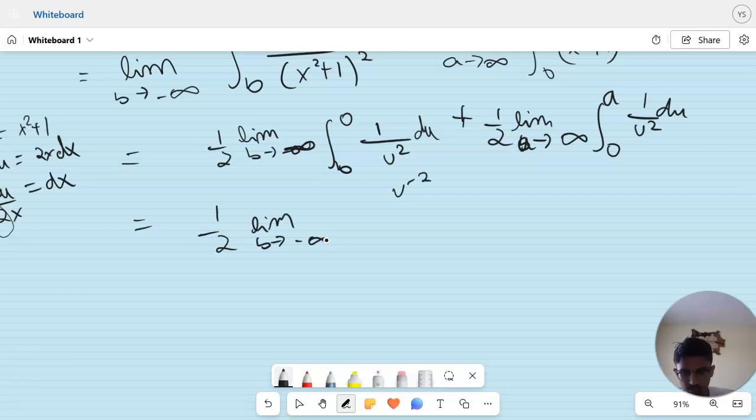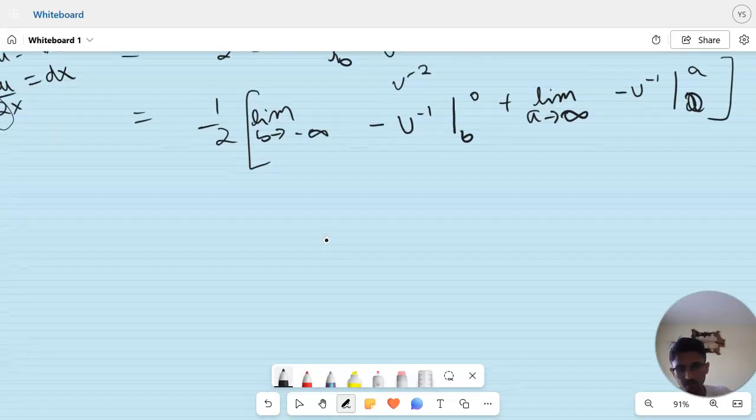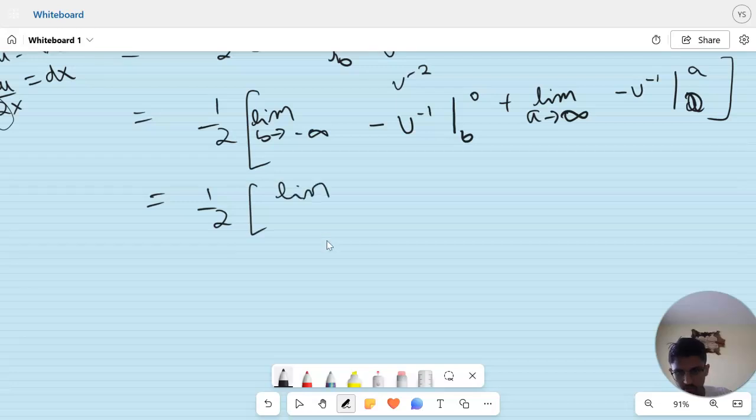Taking the integral of that is going to be negative u to the negative first from b to 0, plus the limit as a goes to infinity, and let's put the half outside of both these limits, negative u to the negative first from 0 to a. Put a bracket around that.